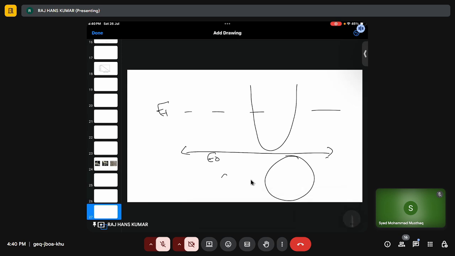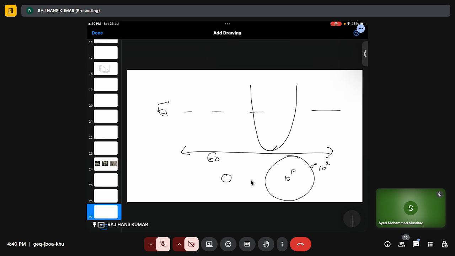Let's say I have a small particle and a very big particle. The atoms at equilibrium here may be 10 to the power of 10, and the number of atoms on the surface is 10 to the power of 2.